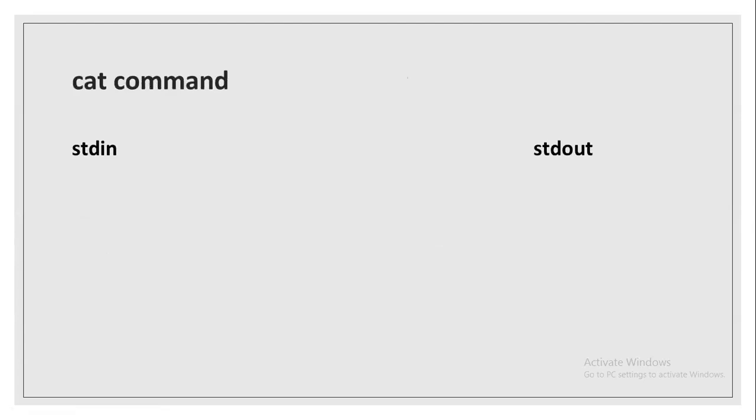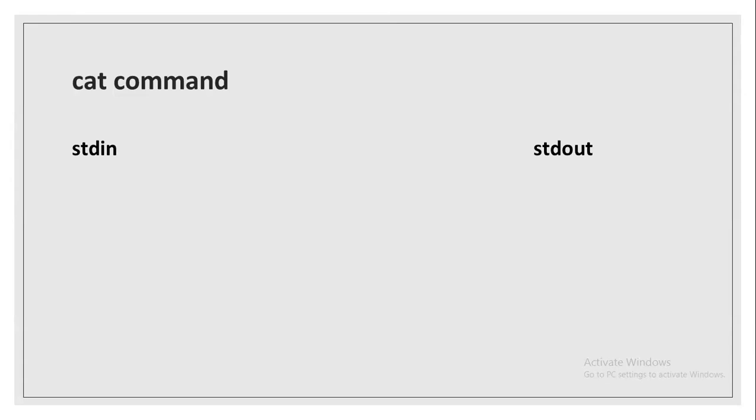Now, when you are working with the cat command, if you check the manual page, cat means concatenation, right? Using the cat command, you can easily create files. When you learn this cat command, you can see that it's easier than the vi editor. You can create files, but you don't have formatting options.